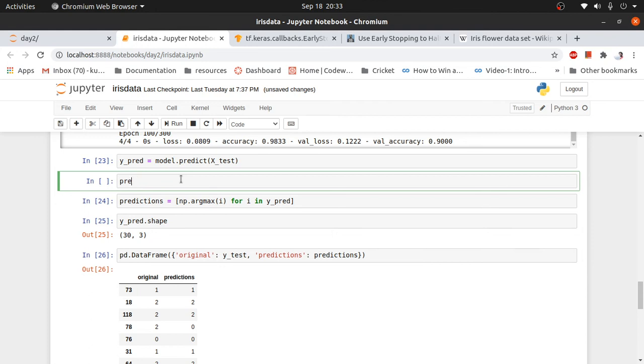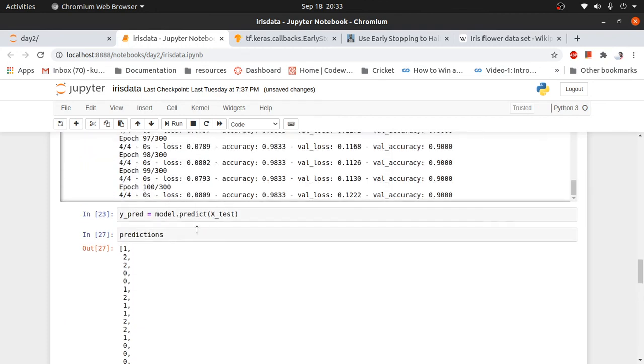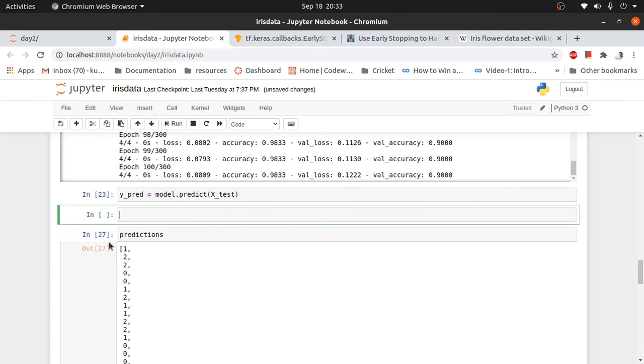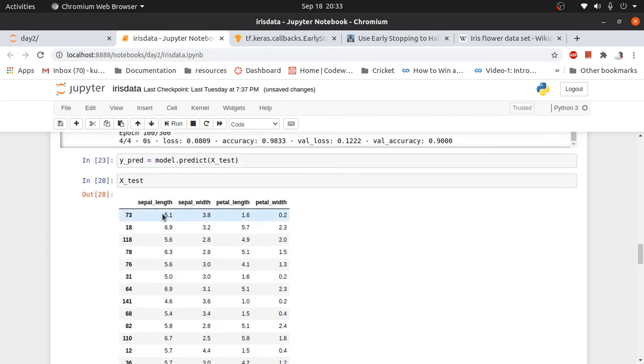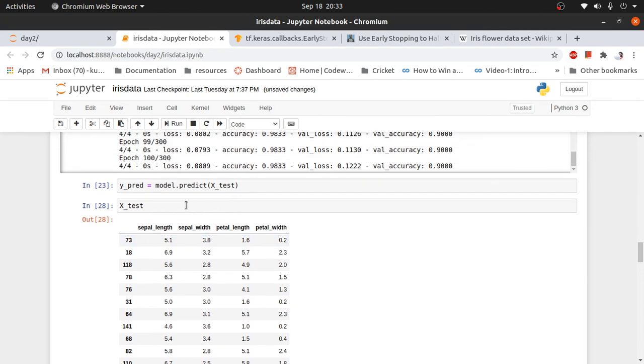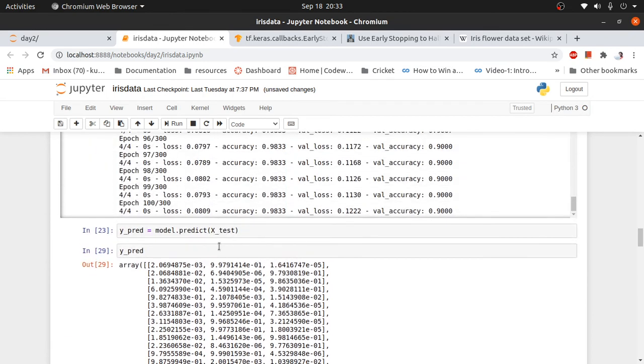Okay, let's do one thing. Let's see what is there in predictions. So these are the labels, and what is x_test? For these data points, what are the predictions? So let's see what is ypred. As we have the softmax function in the output layer, it is providing probabilities. So these are the probabilities.